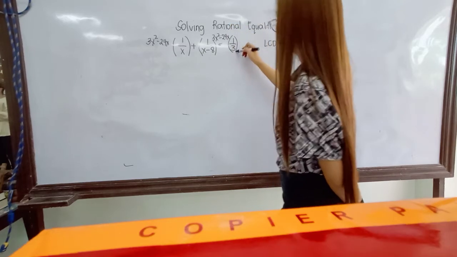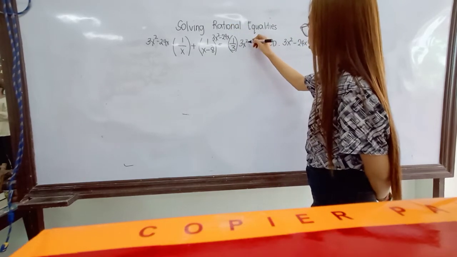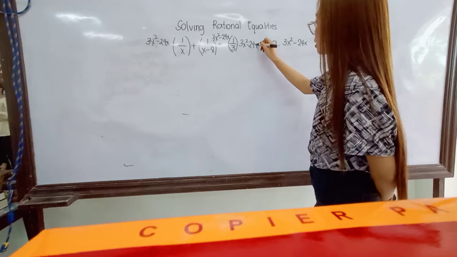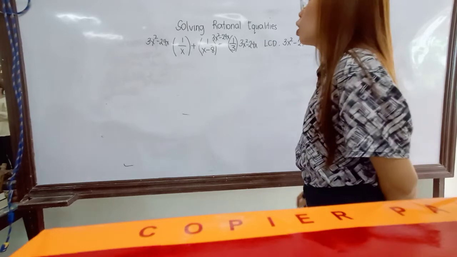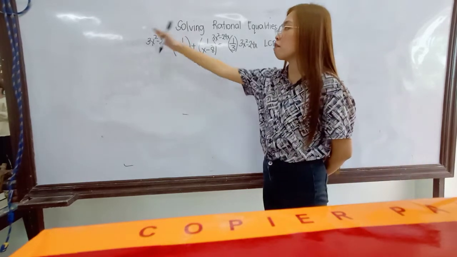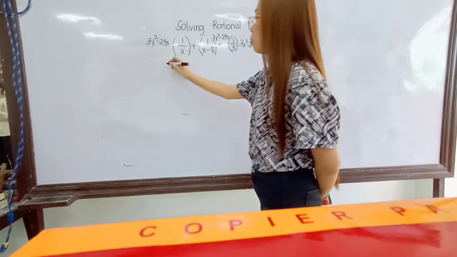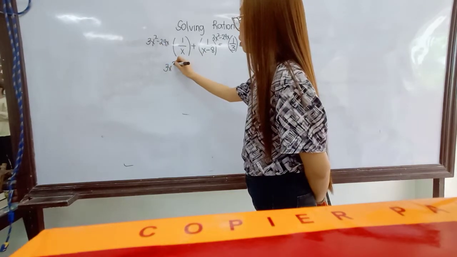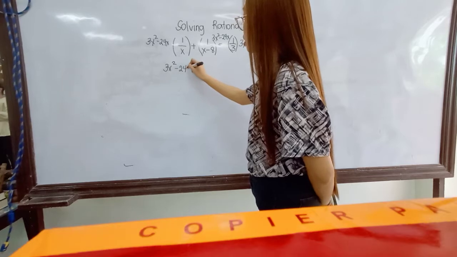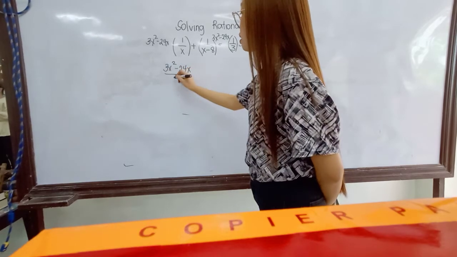And then this one also, 3x squared minus 24x. Okay? So we're going to have first this term. So it will be 3x squared minus 24x over x.